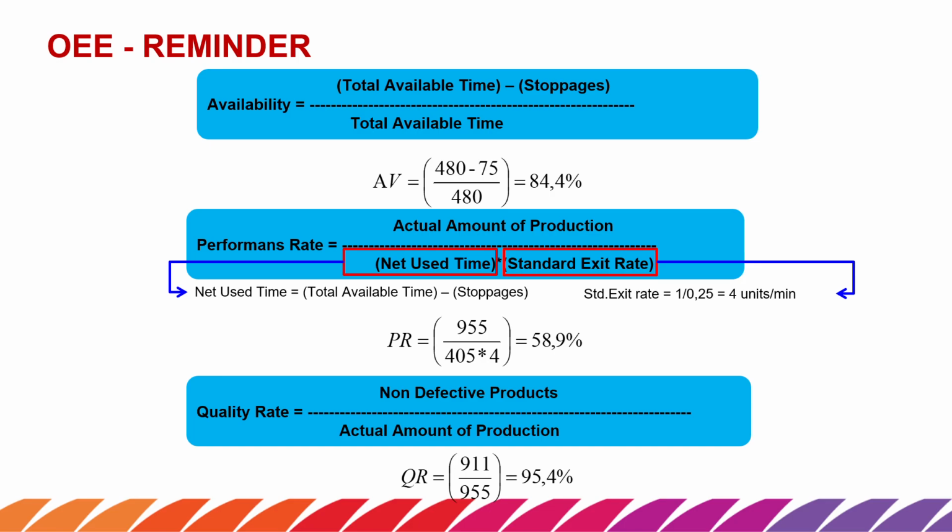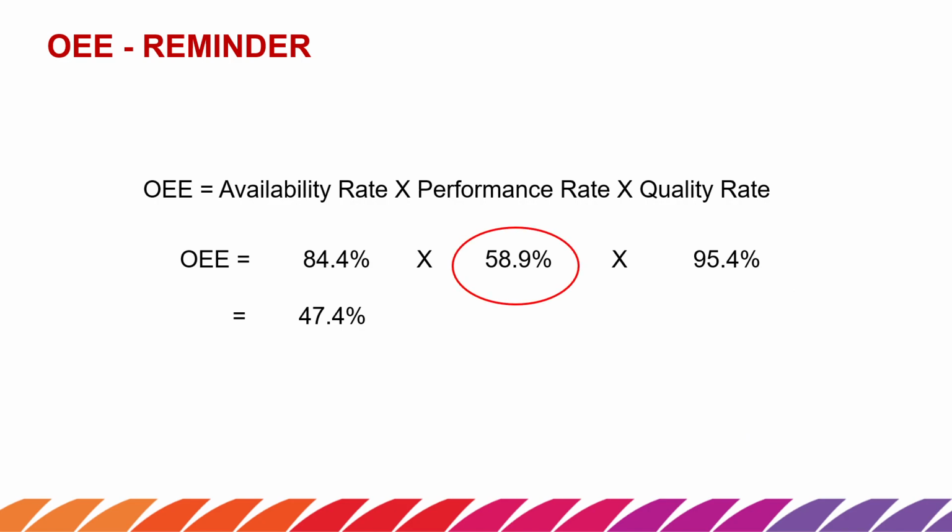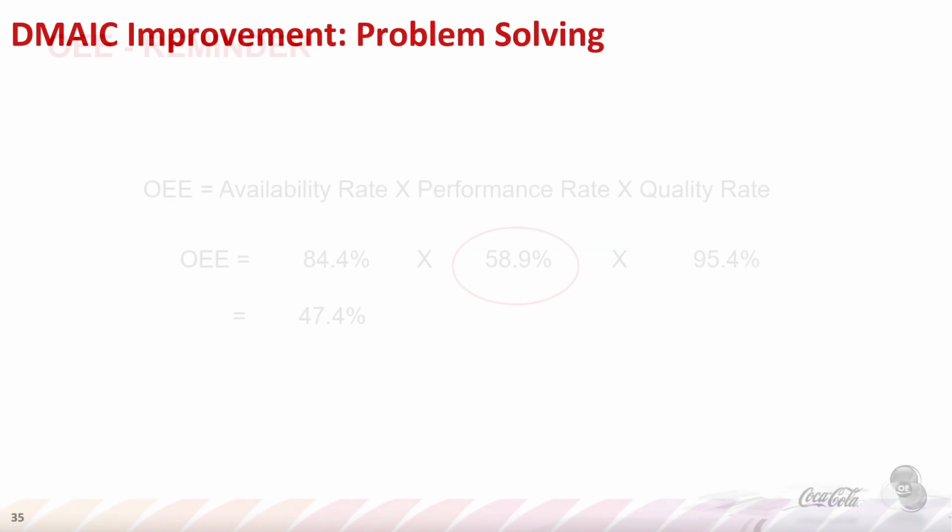So these three numbers we have received after separate calculations. When we multiply availability rate, performance rate and quality rate with each other, we get the OEE, that is 47.4% for this system.